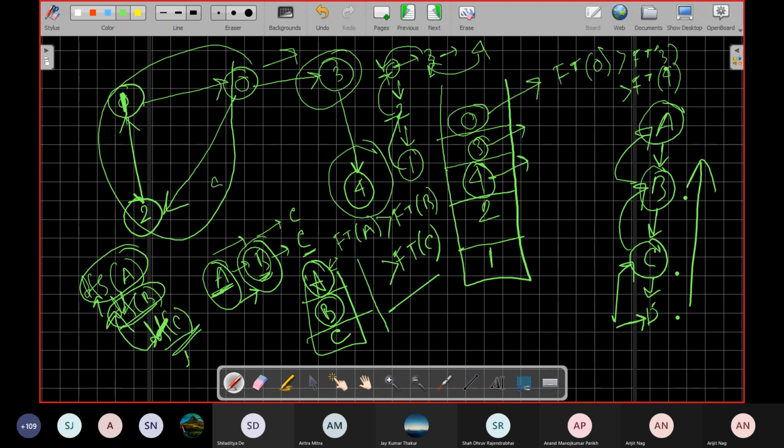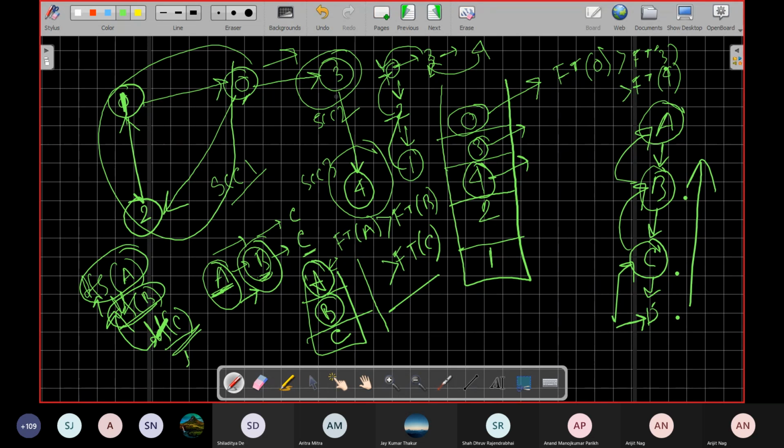So 0 is a member of this strongly connected component. Suppose this is SCC1, this is SCC2, strongly connected component 2, and this is SCC3. Now you can see that SCC1, which contains 0, is finishing higher than SCC2.